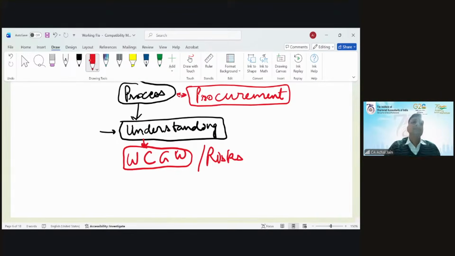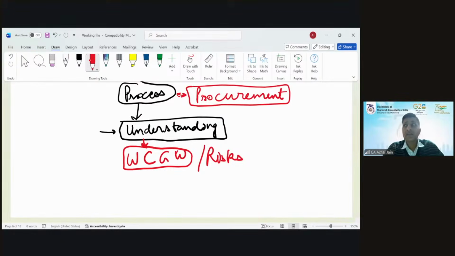Okay. Let us take a very simple example on this. Say the material has been purchased. Now, in the procurement process, you will be looking at the material. Say the material has been purchased by the organization. But physically that material is not received. Is that a risk?